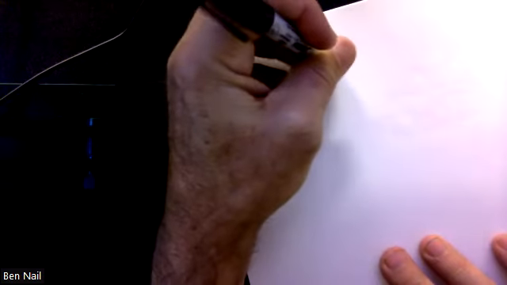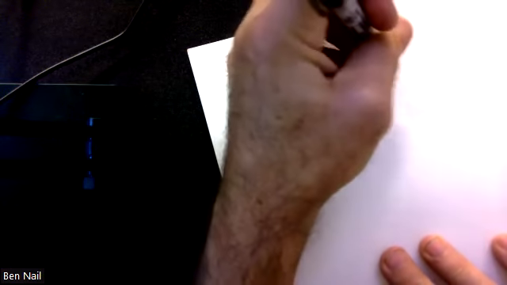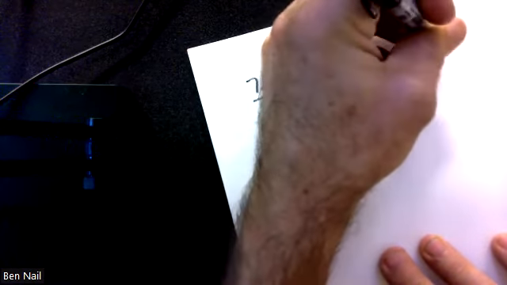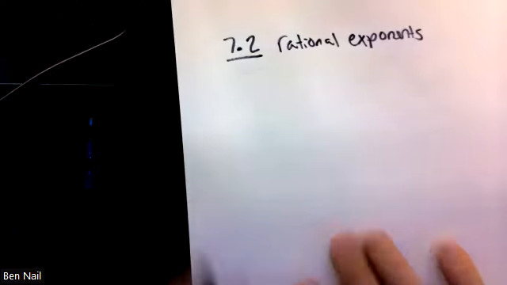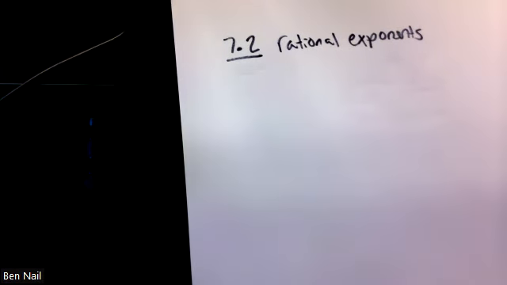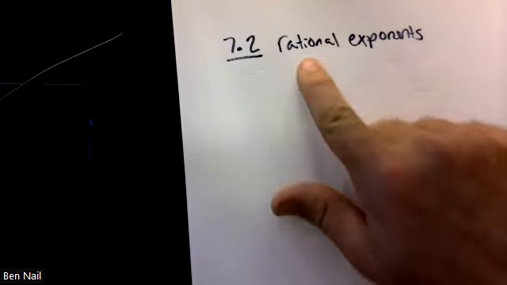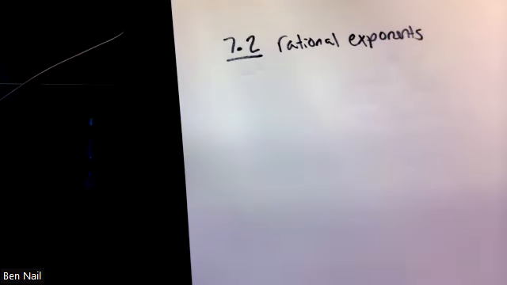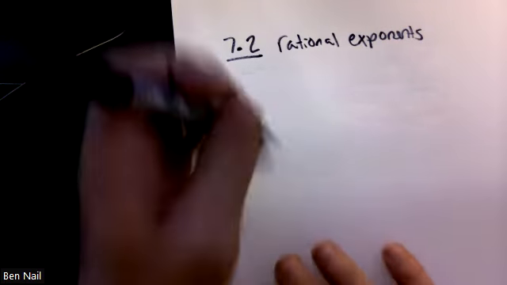7.2. 7.2 is all about rational exponents. Okay, rational exponents, another word for rational is fraction. So basically, this is just going to say that fraction exponents is just another way to write a radical.